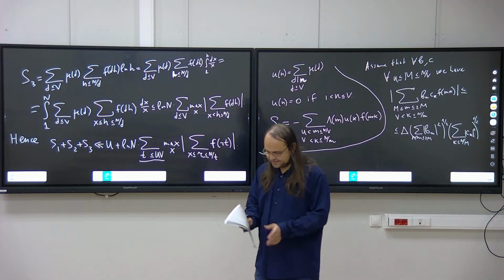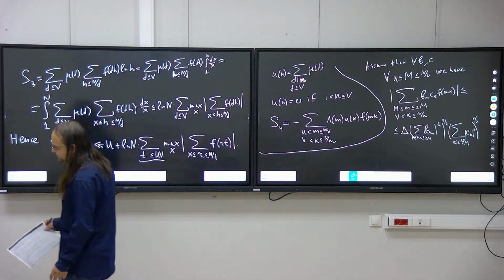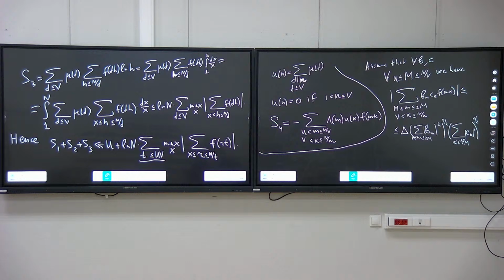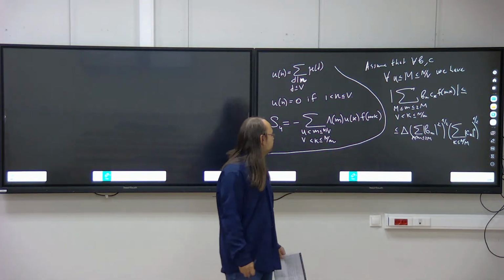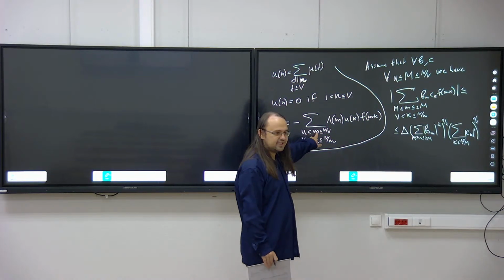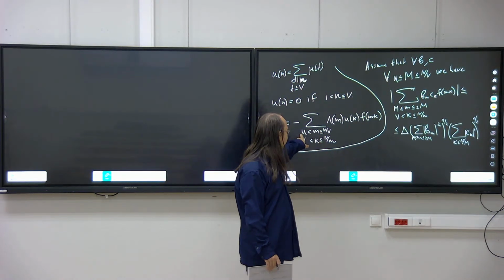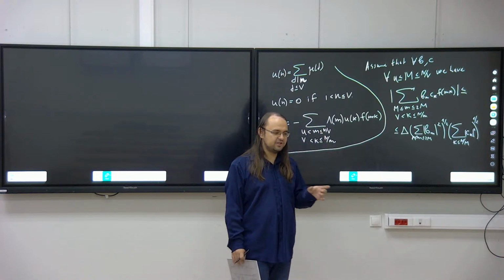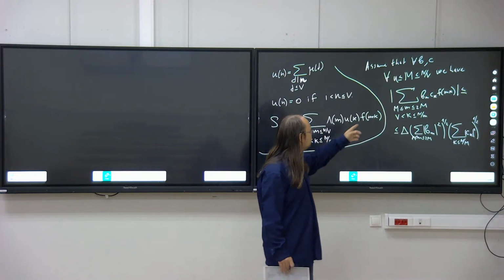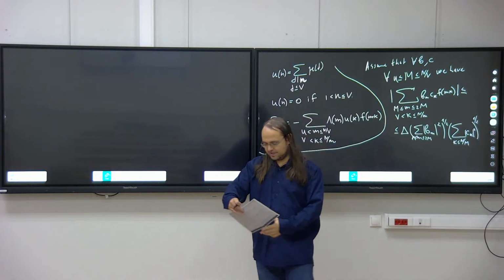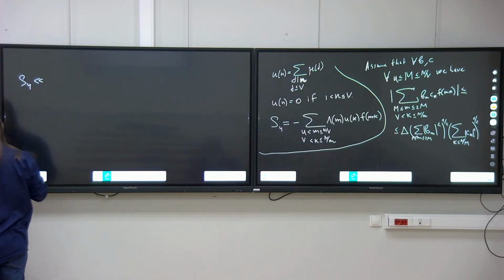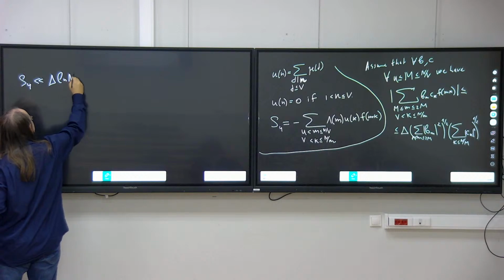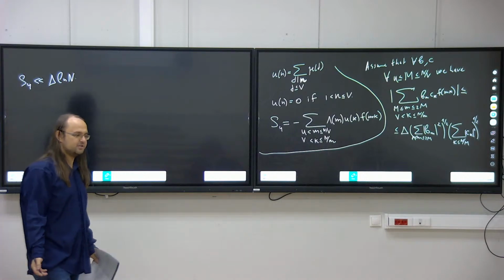Okay? So if you have something like this, then using the dyadic subdivision of your interval, so you basically take this interval of values of M from U to N over V, and you subdivide it into intervals of the form from M to 2M, you get the following: S4 is at most delta log N. Log N is the number of intervals in your subdivision.